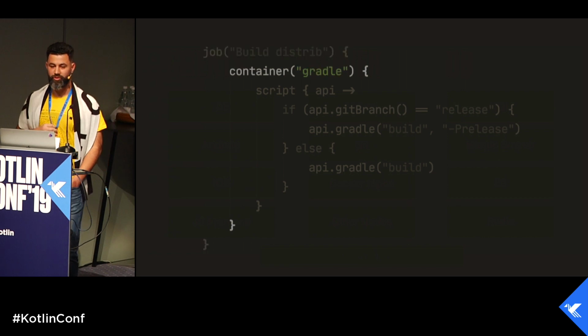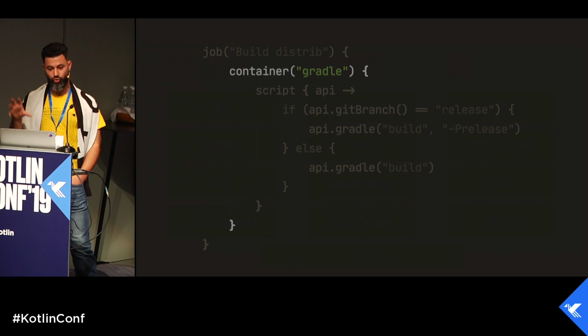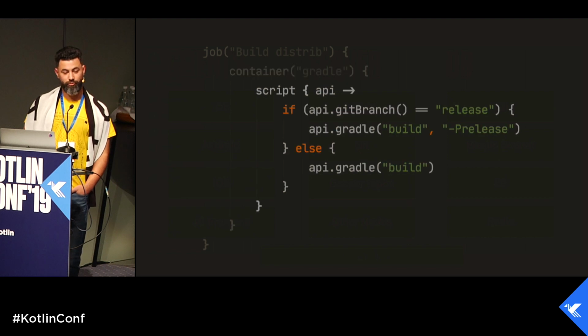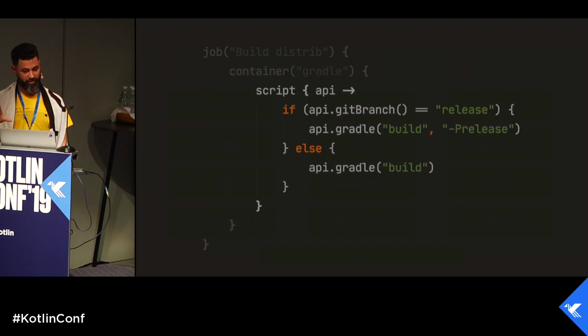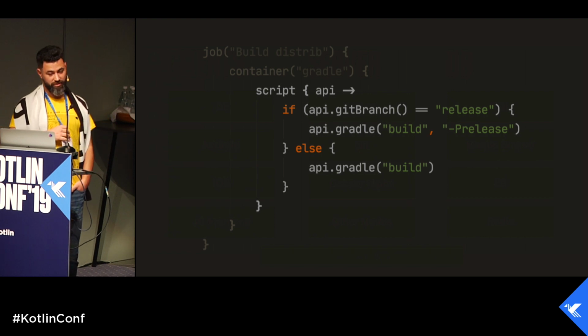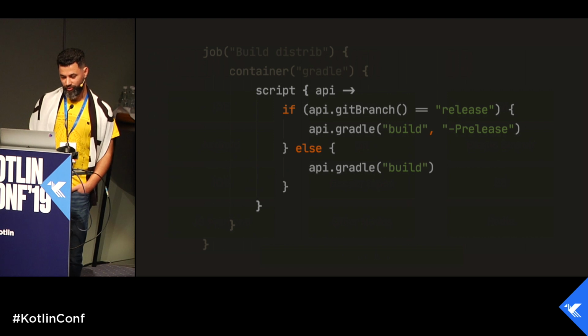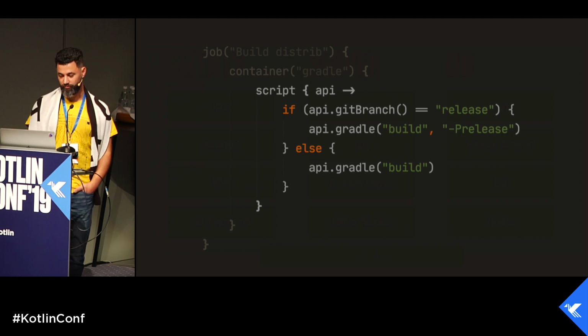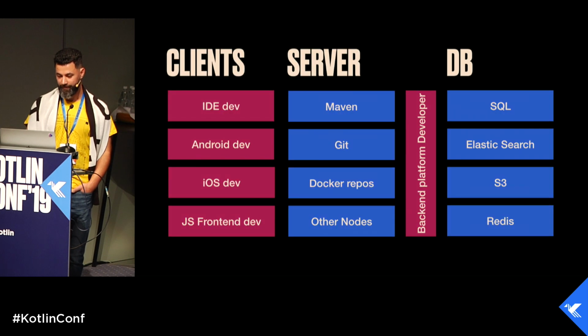You say that you want to run this job in a Gradle Docker container, and then you define the script. This is a lambda, imperative code you can use, and you can define how you want to run it. So you can have some logic here, like checking if the current branch you are building is release. You can add some parameters for the Gradle script, and it will change the behavior.